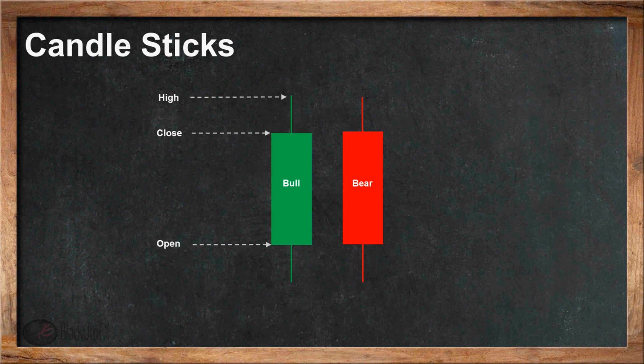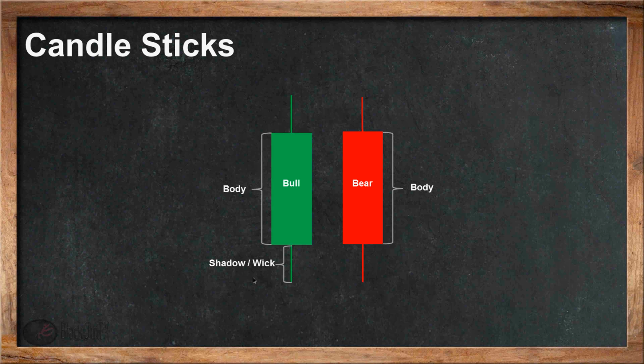As we know, a buy candle opens at the bottom and closes at the top, and a sell candle opens at the top and closes at the bottom. From the open to the close, that's the candle body, and obviously we have the shadow or wick from the body to the low or high of the candle.